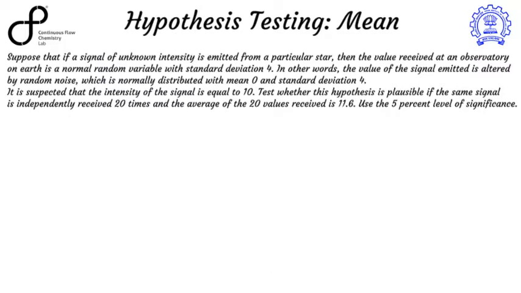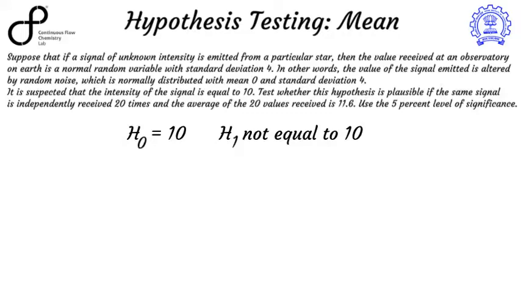Let us do this question based on what we have just learned. Pause the video, read the question couple of times to get a clear idea of how to proceed. Here, the null hypothesis is that the signal intensity is 10. Therefore, the alternate hypothesis is it is not equal to 10.